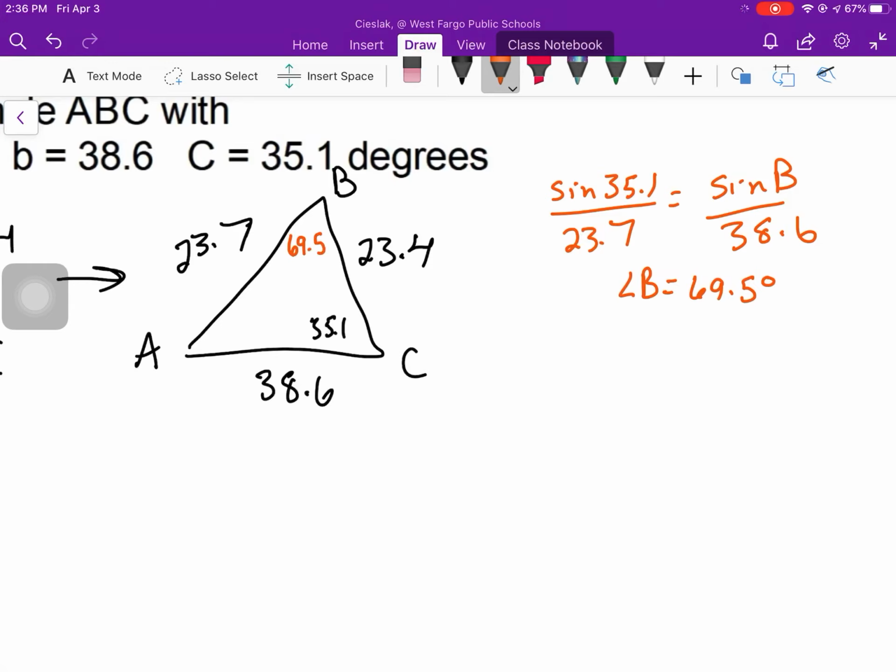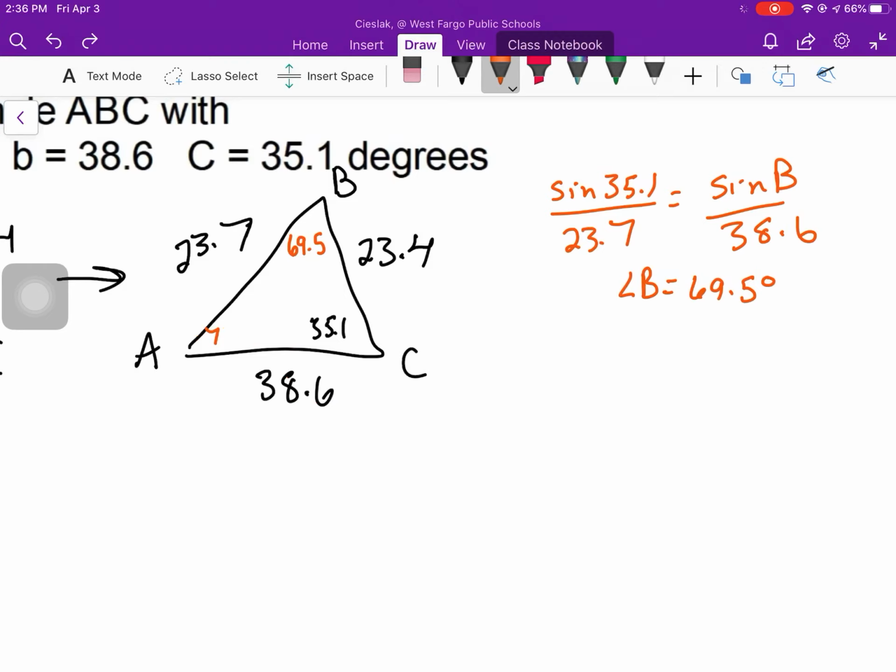Then you can take 180 minus that, and we would do 75.4. Now, here's our issue. The largest angle has to have the largest side of the triangle opposite. It does not. The largest side of the triangle right now is 38.6, and that's not opposite the largest angle. So that's where our contradiction comes in here.